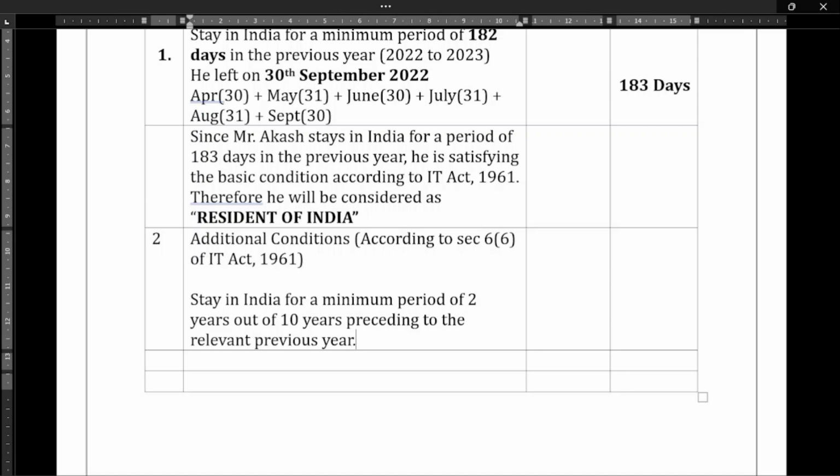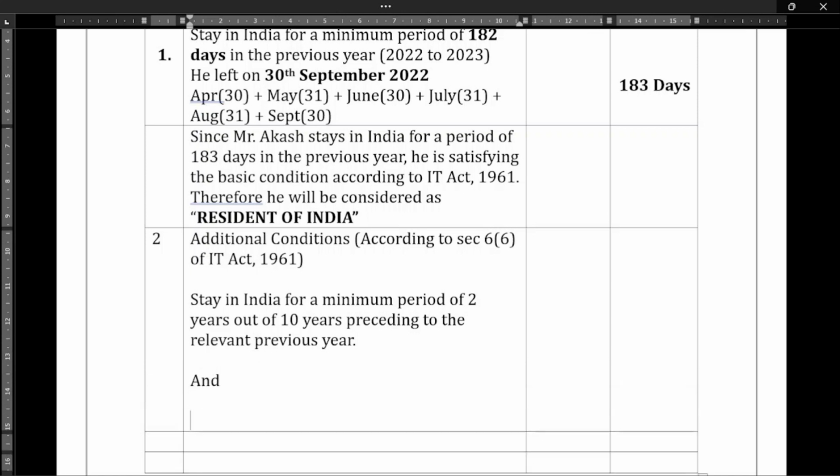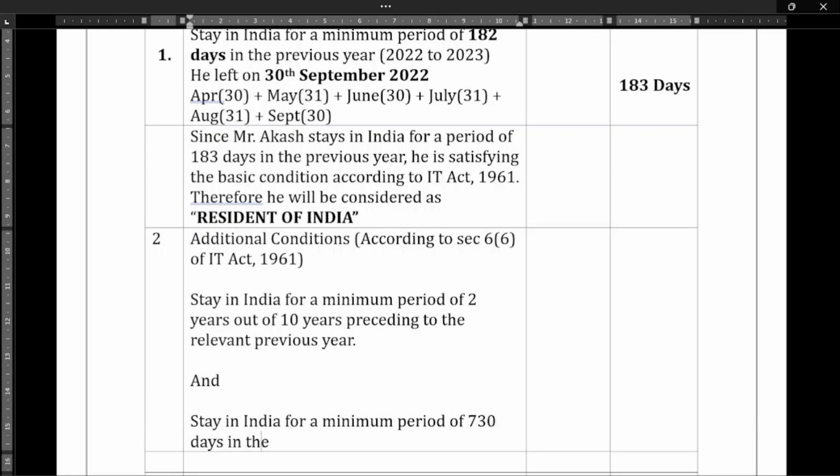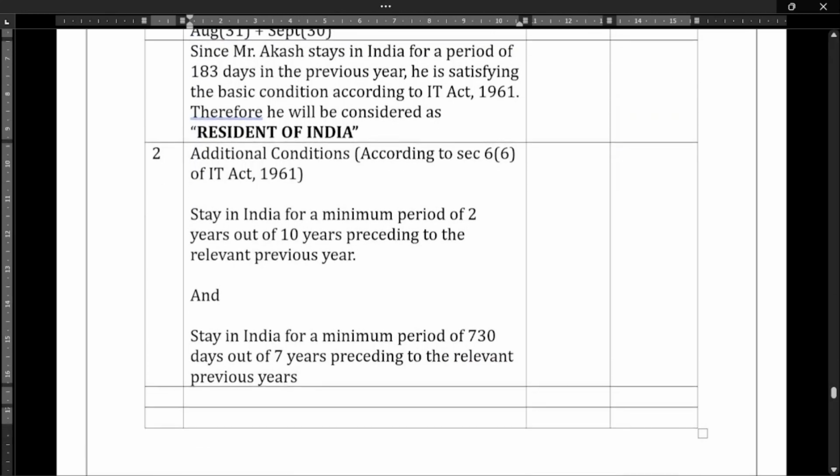Yes, this is the first condition, and there's one more condition: stay in India for a minimum period of 730 days out of 7 years preceding the relevant previous year. These are the two conditions.